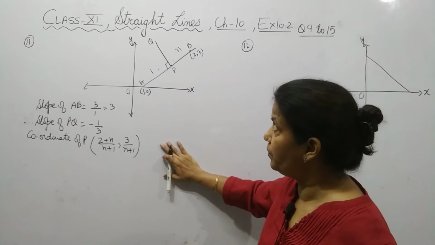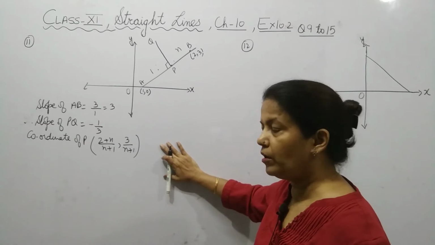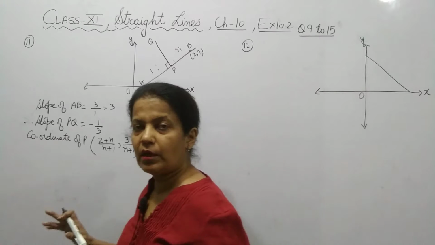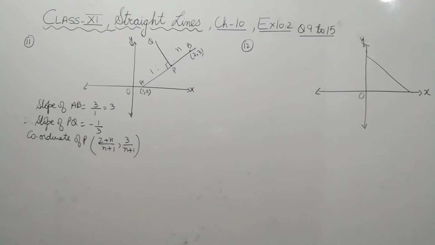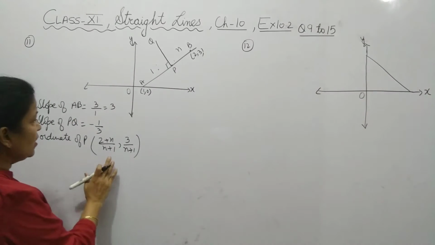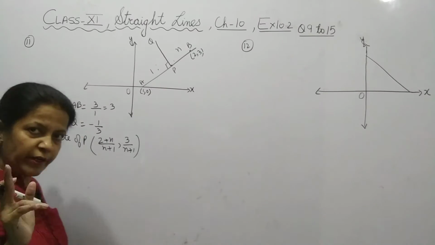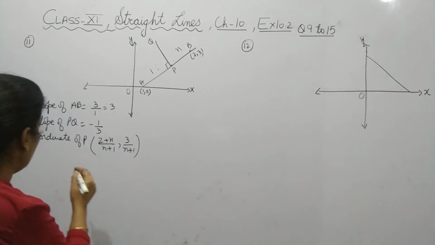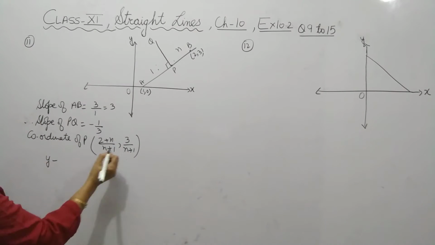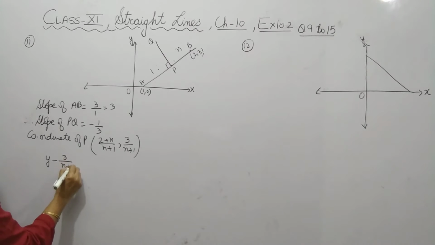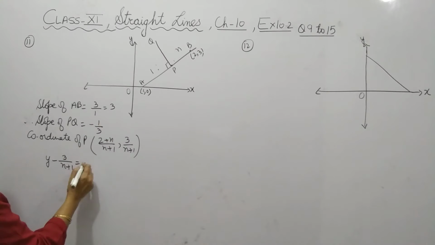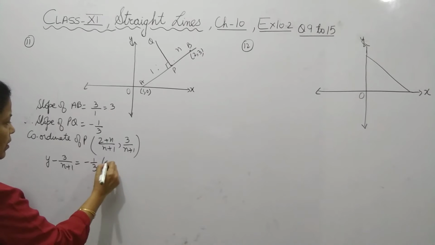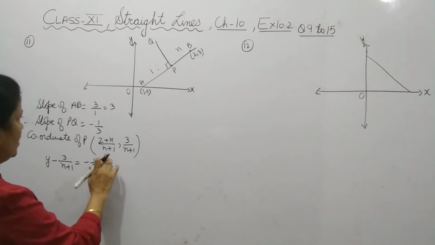Now tell me what the next step is. The coordinates are given and the slope of the line is also given. One point is given and the slope is given, so the formula is y minus y1 equal m into x minus x1.